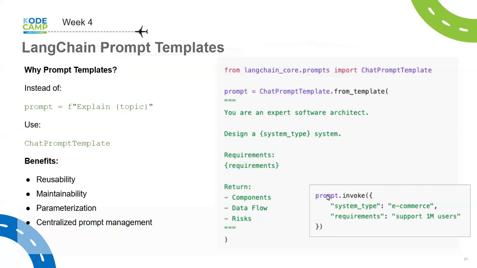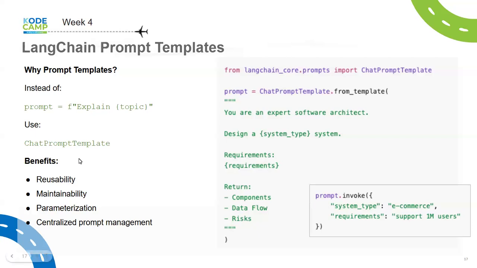In this case, for example, we'll call prompt.invoke, and for system type, we specify the actual value we want to replace it with, in this case, e-commerce. And then the requirements too, we also replace it. So that's the whole simple overview of how prompt templates work.